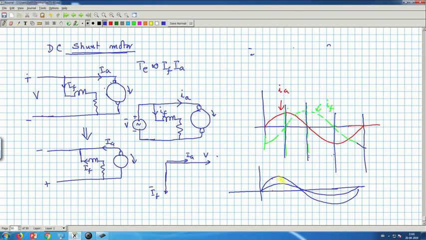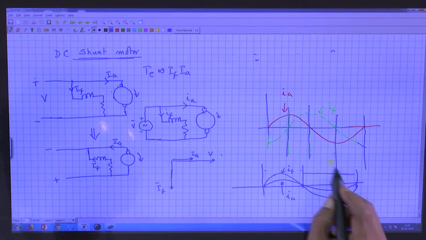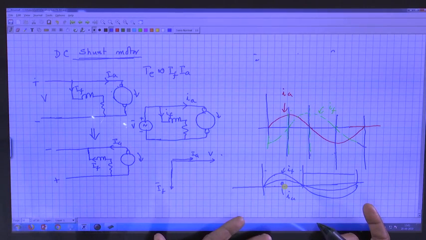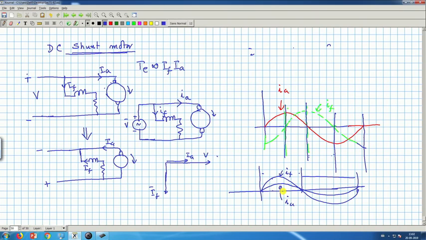Then the product IF IA will always be positive, and unidirectional torque will be produced. The torque produced will always be in the same direction, no matter whether both of them are positive or both are negative, because it is the product of these two that decides the torque.